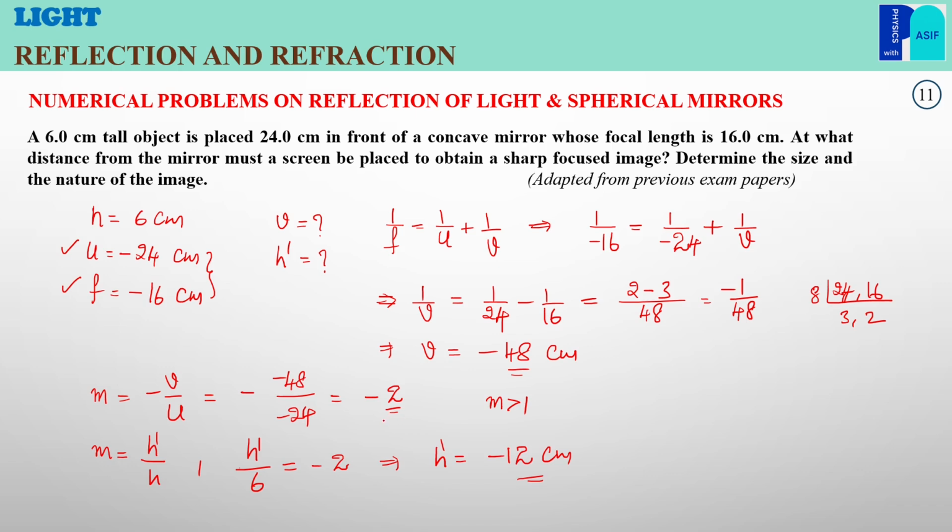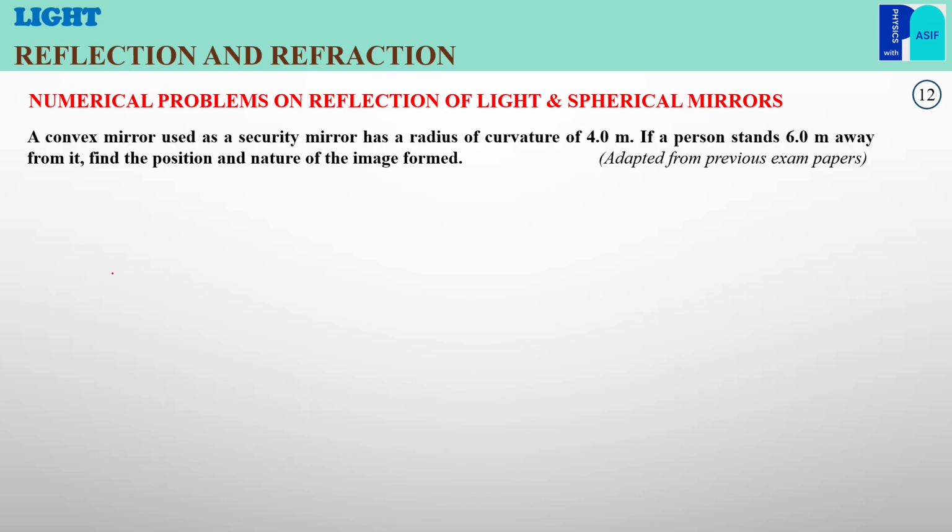The size of the image is exactly twice that of the object. The height of the object is 6 centimeters and the height of the image is 12 centimeters. It is negative, that means the image formed is an inverted image, and the nature of the image is real and inverted.